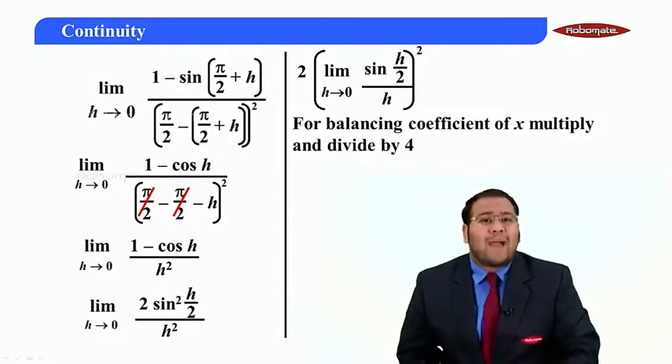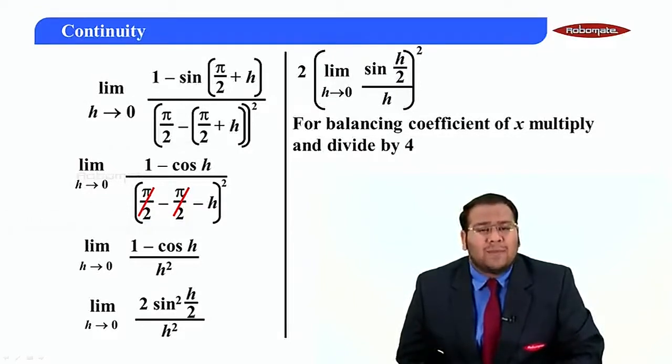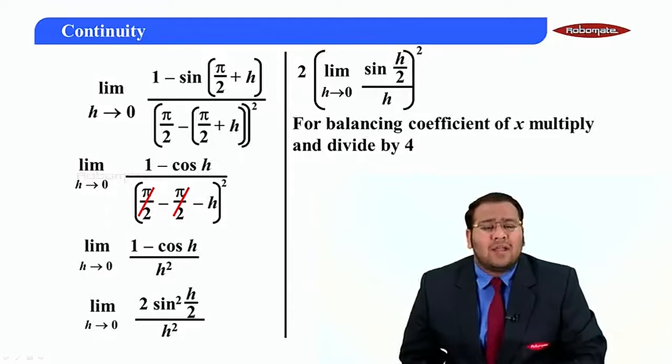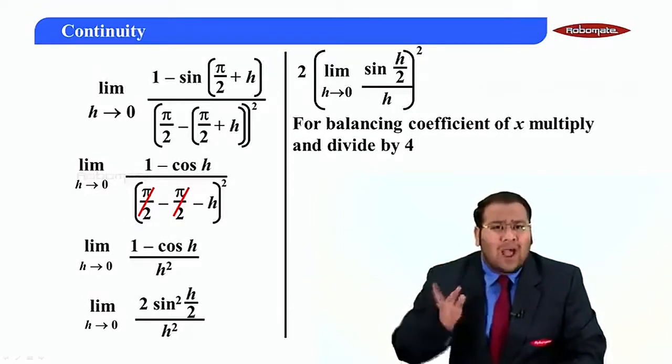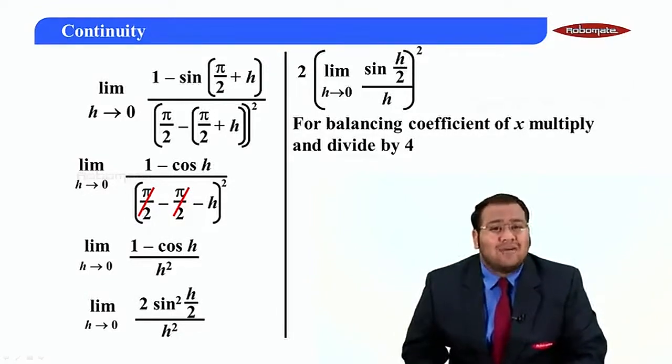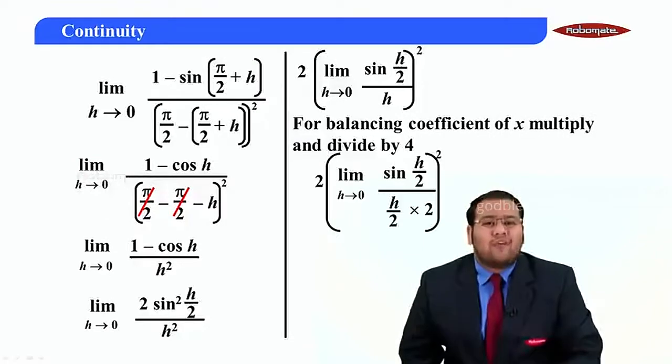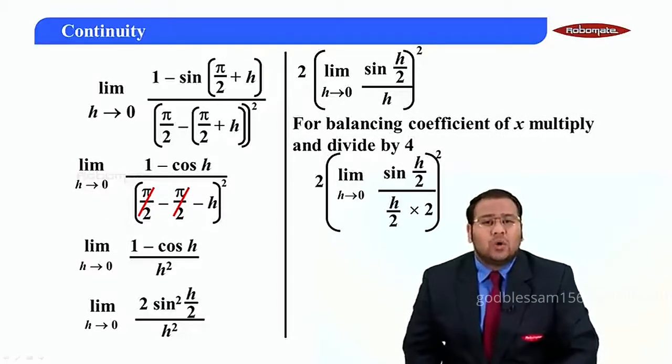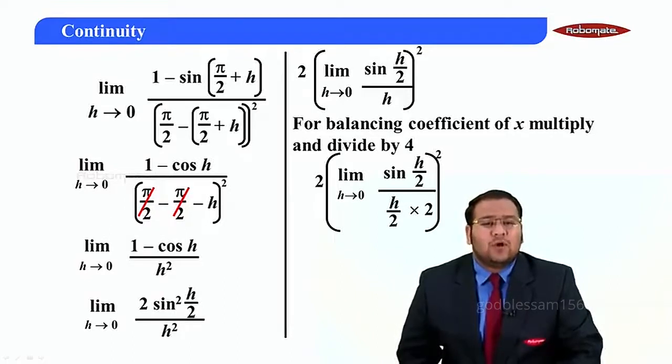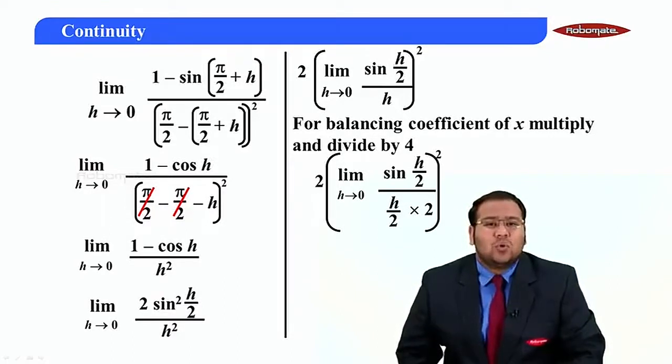So for balancing the coefficient of x, we multiply and divide by 4. Why 4? Because here you have square terms. Therefore, the equation would be 2 into limit h tending towards 0, sine of h by 2 upon h by 2 into 2 the whole square.